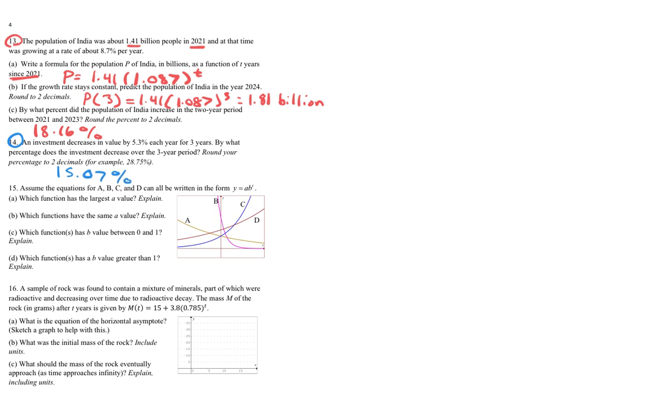Okay, so number 15, we're going to be doing some kind of graph analysis. So we're saying that these equations can all be written in a general form, y equals a b to the t. Then we say which function has the largest a value. So the way that we can think about this is we can look at what happens whenever t equals 0.